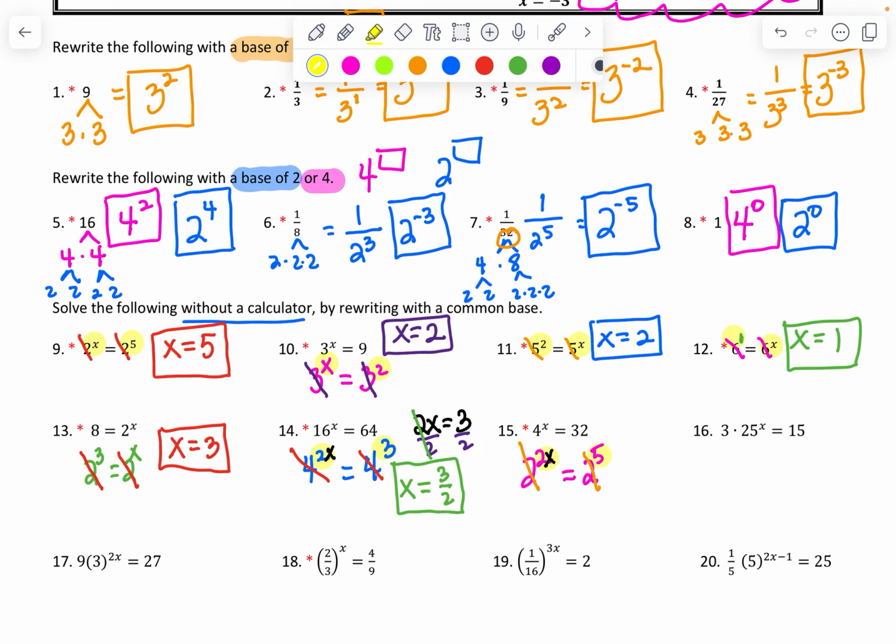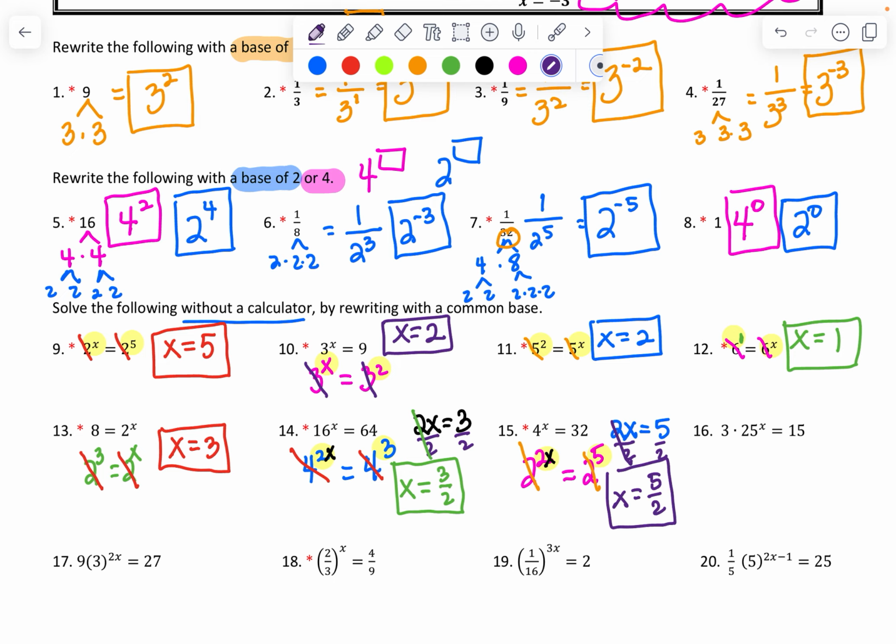They are not the same base, so I am going to have to change them to the same base. Well, 25 you can change to 5 squared, but you already have an x, so I'm going to go ahead and leave that x there, and this would be 5 to the first. I have the same base, which is really good, so I can cancel those bases.